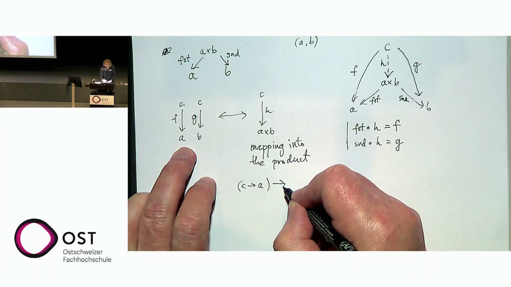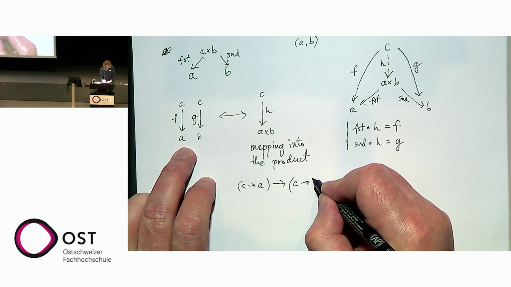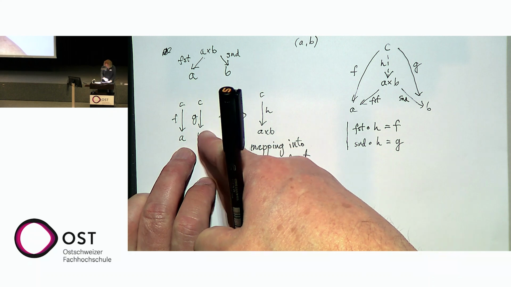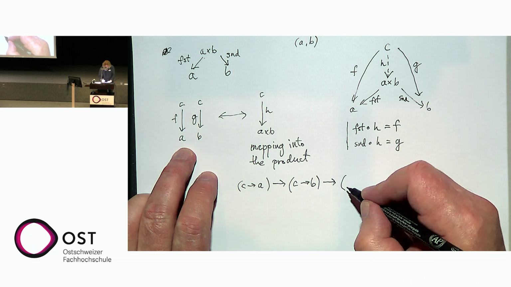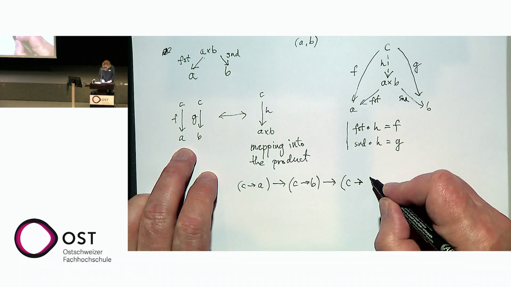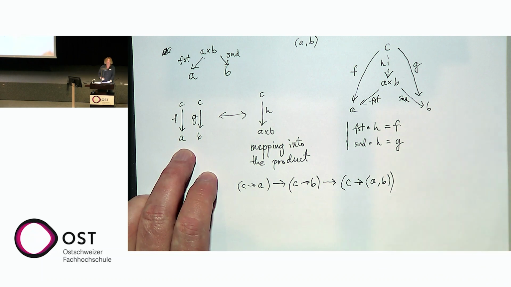So now I'm writing code, okay? Watch me. C to B, right? And from this pair of arrows, I'm going to get a function from C to A cross B, which is just a pair AB, right? Okay.